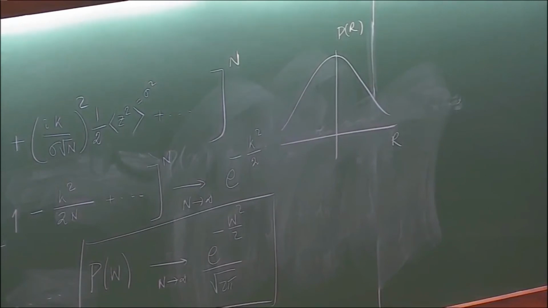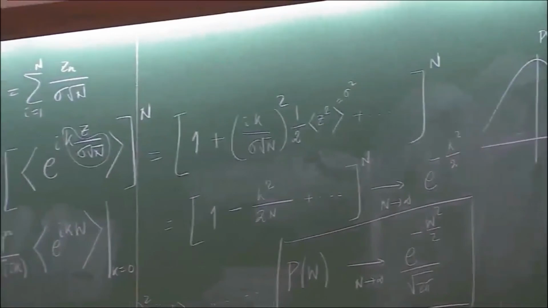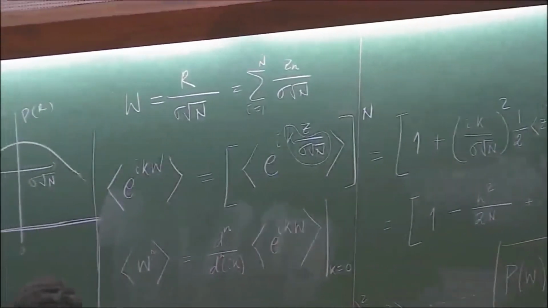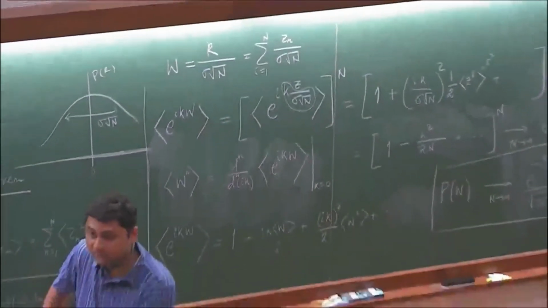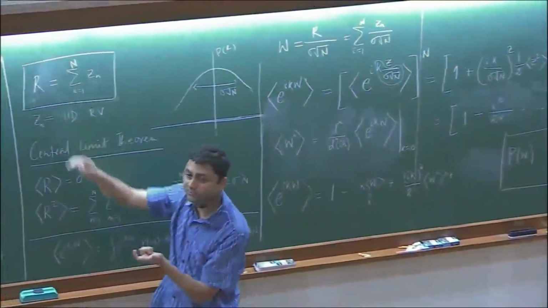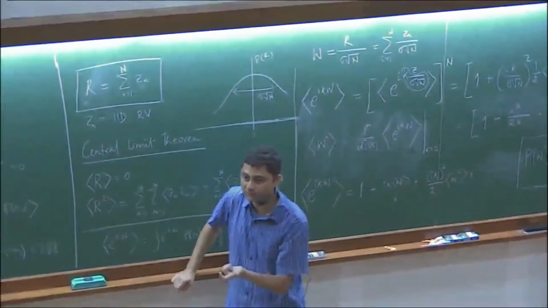Right? It says the sum of random variable, if the mean and the variance exist, then if you look at the random variable at the scale of the variance, then at that scale, if the number becomes very large, it tends to a Gaussian distribution.